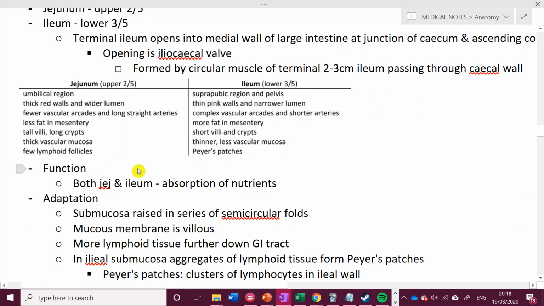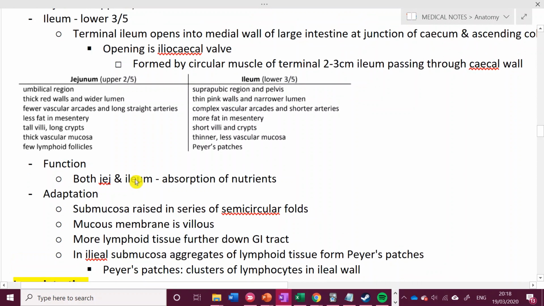So the function of the small intestine is to absorb nutrients, and it's adapted in several ways. The submucosa, which is more outer than the mucosa, which is closer to the centre, is raised in a series of semicircular folds.